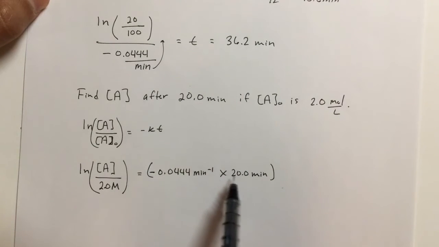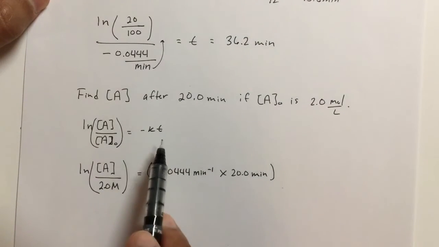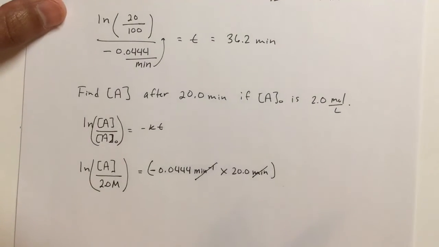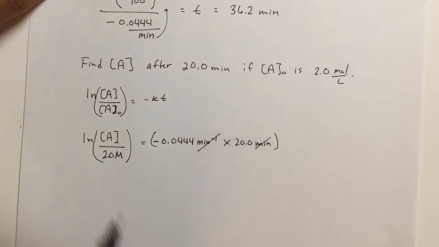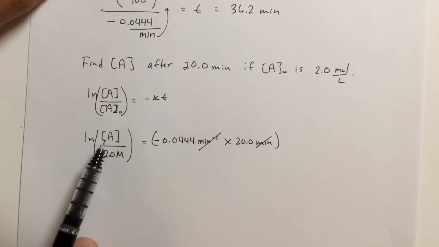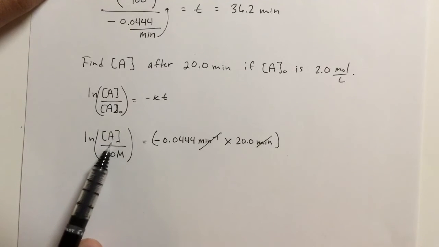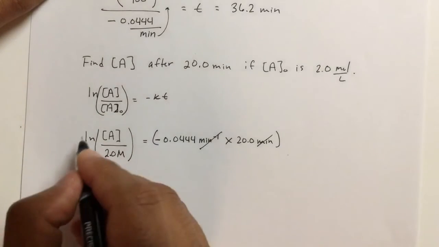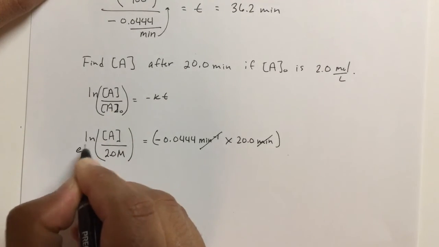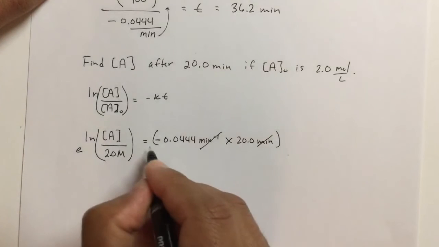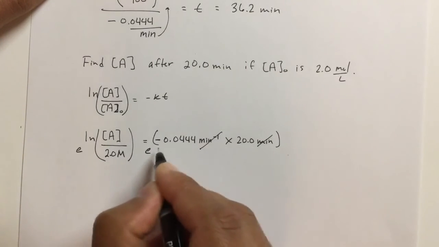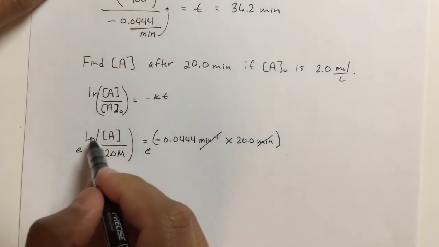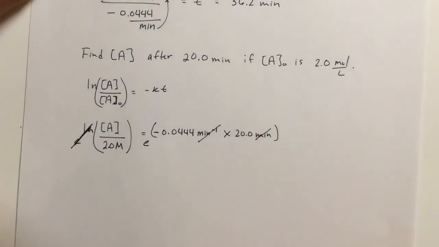Right here, you can see those units multiplying k and t, minutes and inverse minutes, will cancel. Remember, when we're working with natural logs, inside the natural log is A. That's what I want to get to. So to get rid of the natural log, I'm going to say e raised to the natural log, e raised to this number right here. So this cancels.